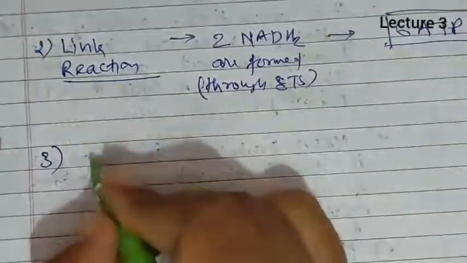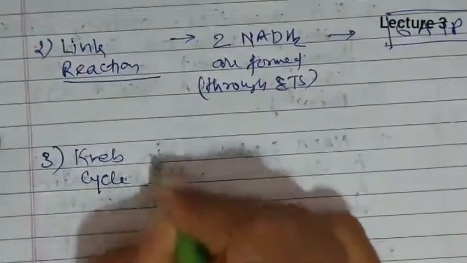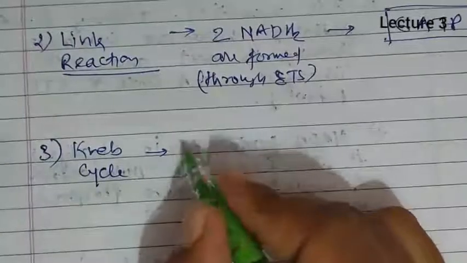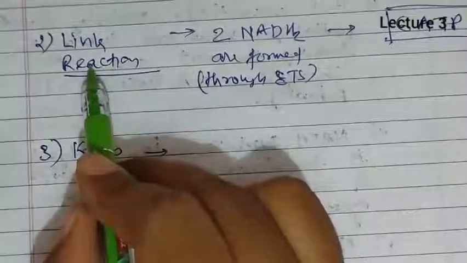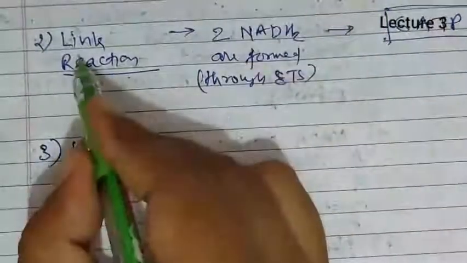And third is the Krebs cycle. In the Krebs cycle, if we talk about 1 glucose, remember that 2 pyruvic acid will be obtained in glycolysis and 2 link reactions will occur.